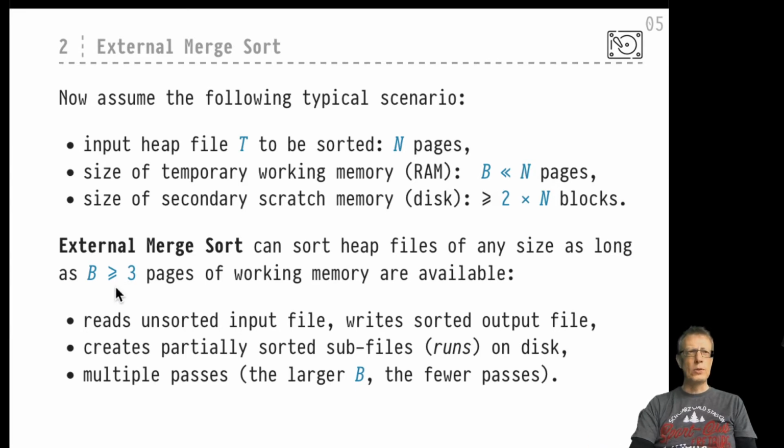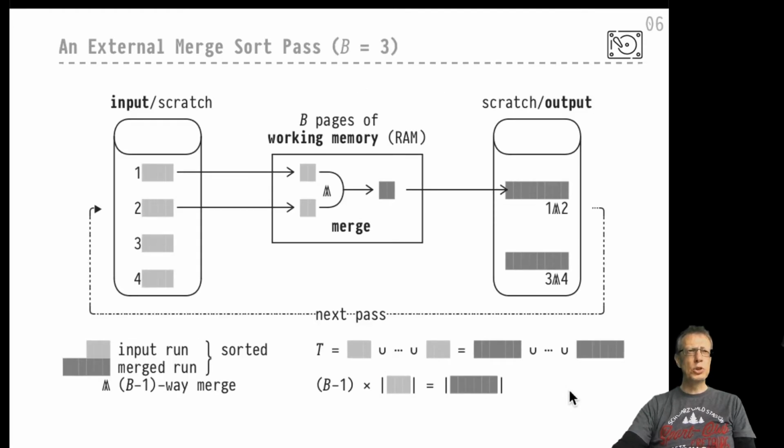Okay, so let's have a look at one of these passes, one of these iterations of the external merge sort algorithm. As I told you, this would be reading from disk, and it would write to disk. All right, so that would be one pass of the external merge sort algorithm.